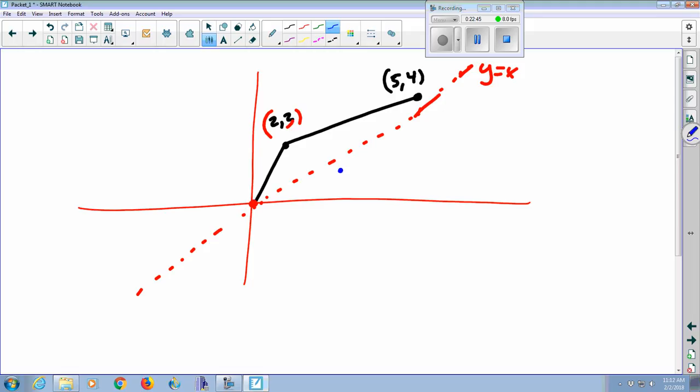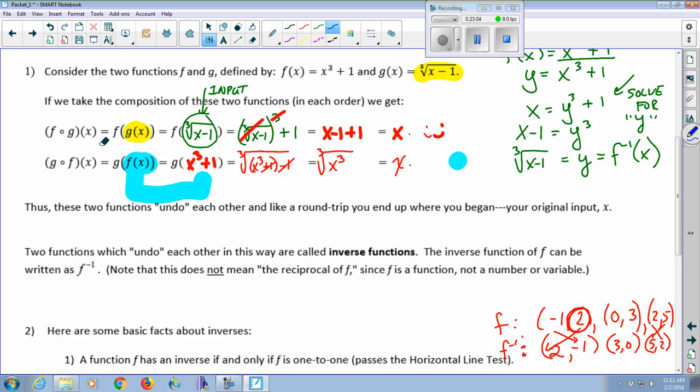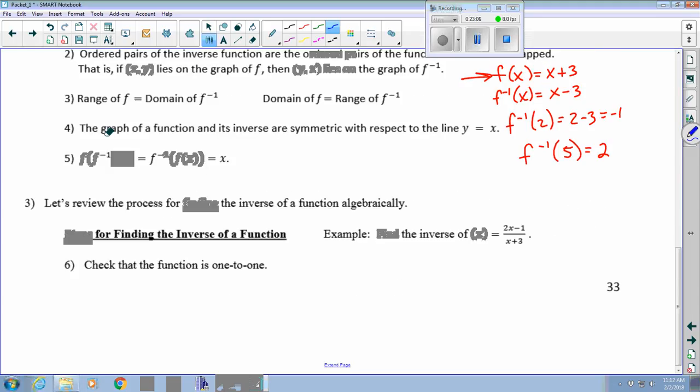And 5, 4 becomes 4, 5. So the inverse would be like that. You just swap the x's and y's. And if this was done to scale, this would have perfect symmetry about the line y equals x. All right, that's about as fast a review of inverses from 107 as I could possibly do.